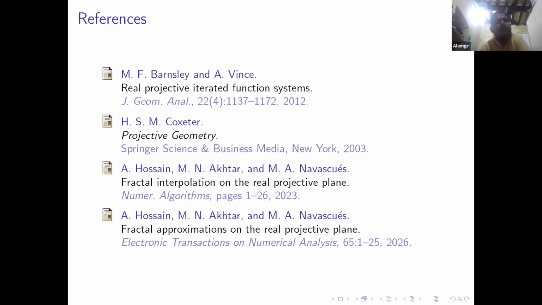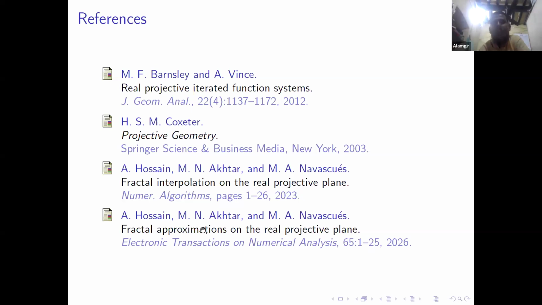Here we give some references. The first is the paper by Barnsley on real positive iterative function systems, from 2012, and some references on positive geometry. And this is our earlier article, which I wrote with my guide, Dr. Nasim Akhtar, and Professor Navas Kasman, on fractal interpolation functions on the real positive plane.